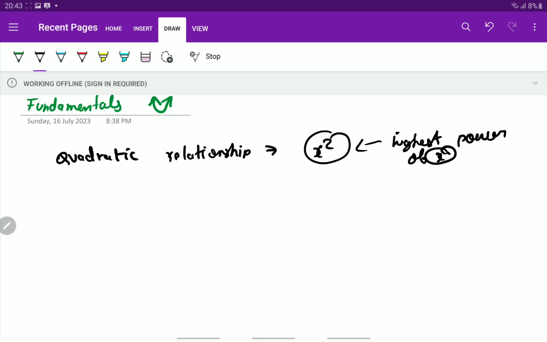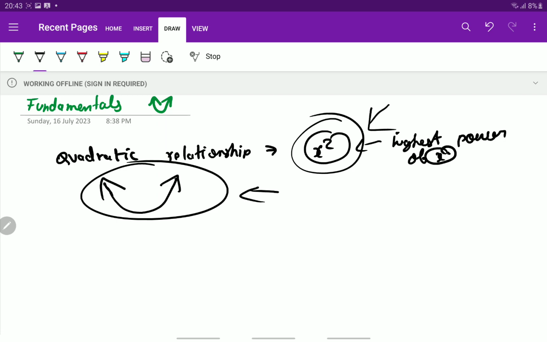So all quadratics will have an x to the power of 2, and all quadratics will be a curve when they're graphed. That's just a property of all quadratics because they're all symmetric about the y-axis.